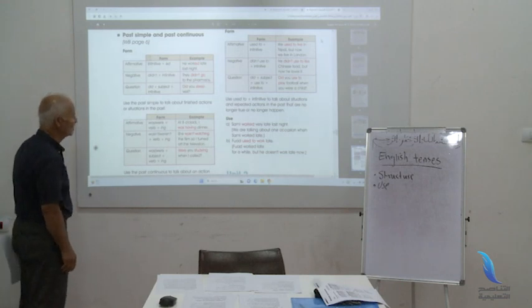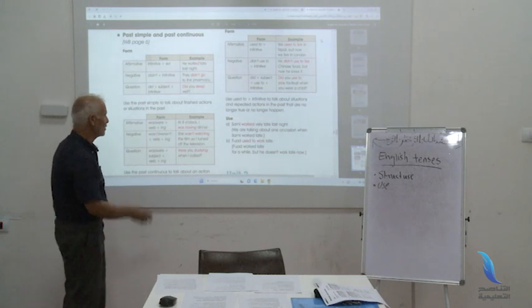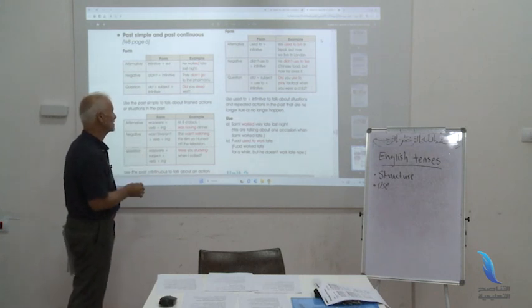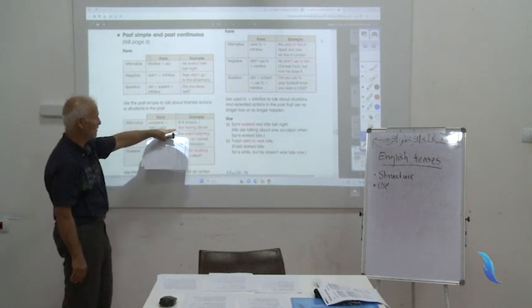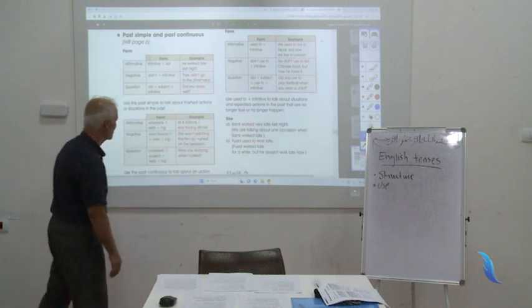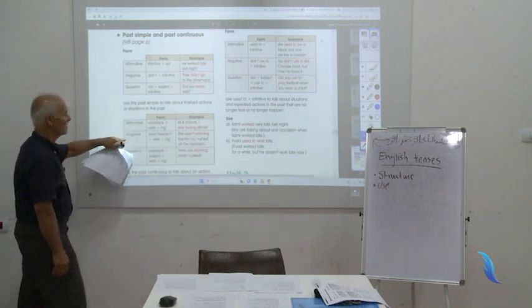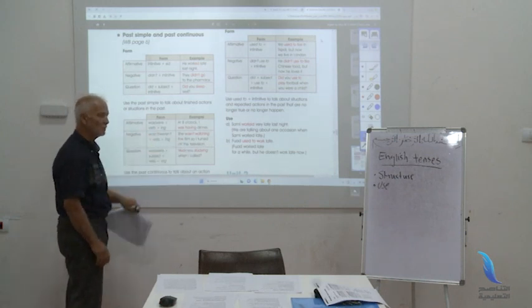For the past continuous, the form is the verb be, was or were, plus the main verb plus ing. For example, at 8 o'clock, I was having dinner. The negative is wasn't or weren't plus verb plus ing.